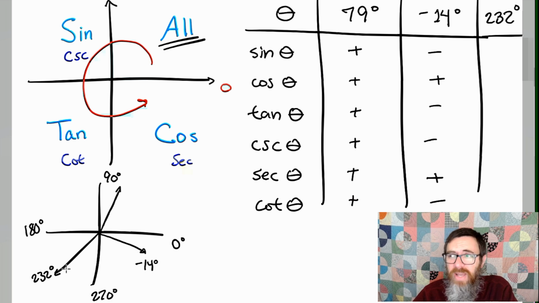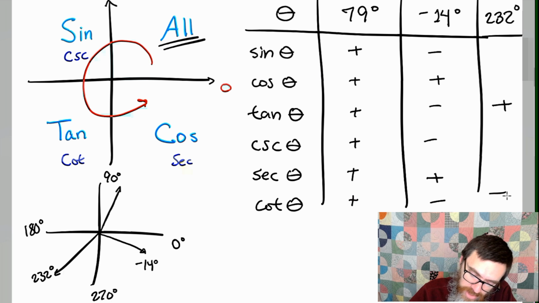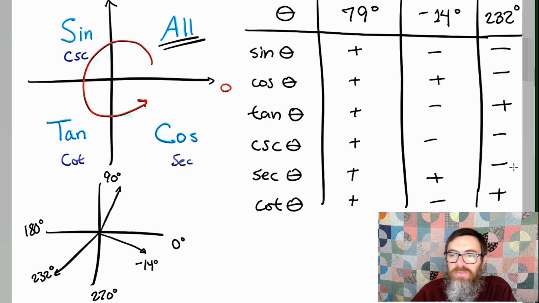All I care about is the fact that it's in quadrant 3. And in quadrant 3, you see here that only tangent and likewise cotangent are going to be positive. So tangent is positive, cotangent is positive, and then everything else for this will be negative. So there you go. It's a matter of understanding what quadrant you're in and remembering all students take calculus.